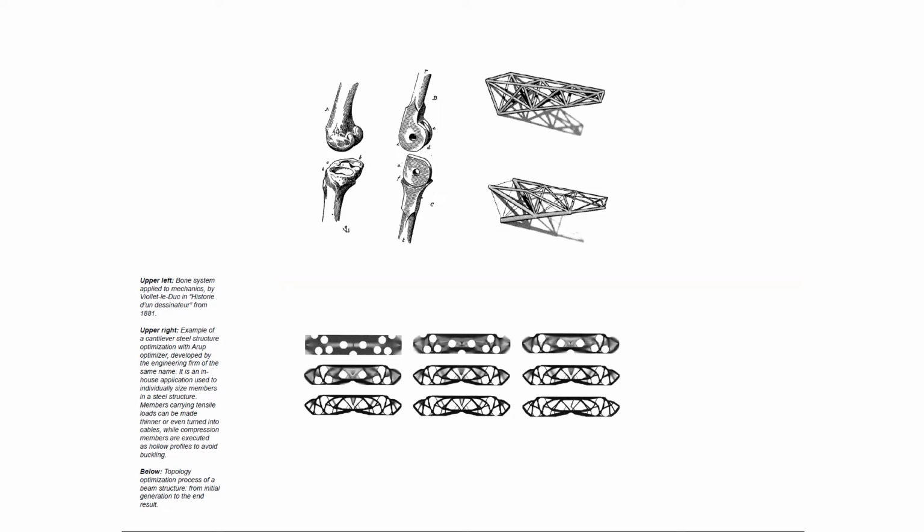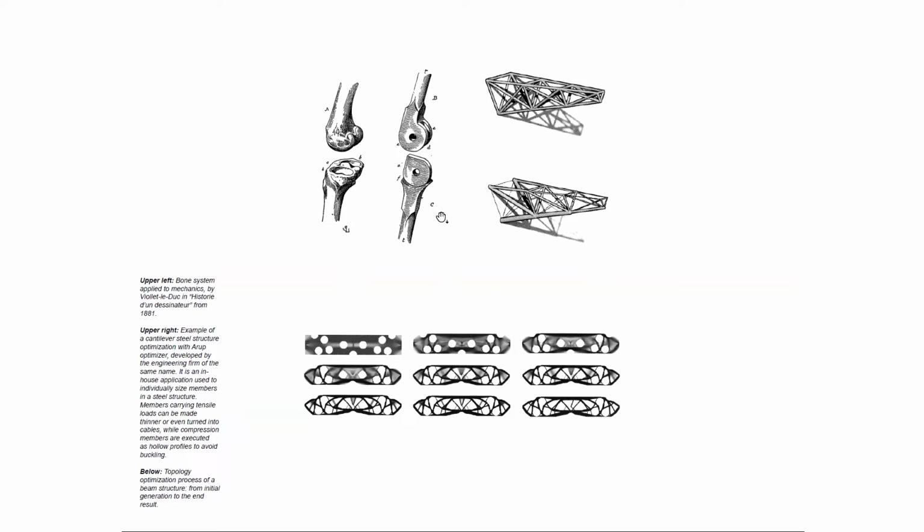And these models always revert to spatial frames, which gives us a clue that using lattices is a very efficient way to carry loads. That's why they are used a lot in construction. And yeah, these topics are not really new.